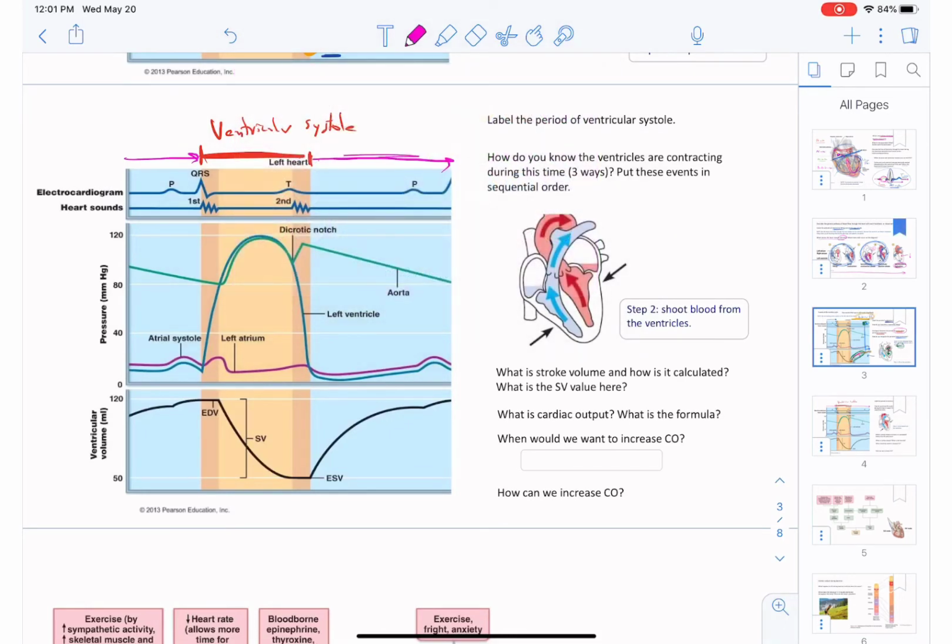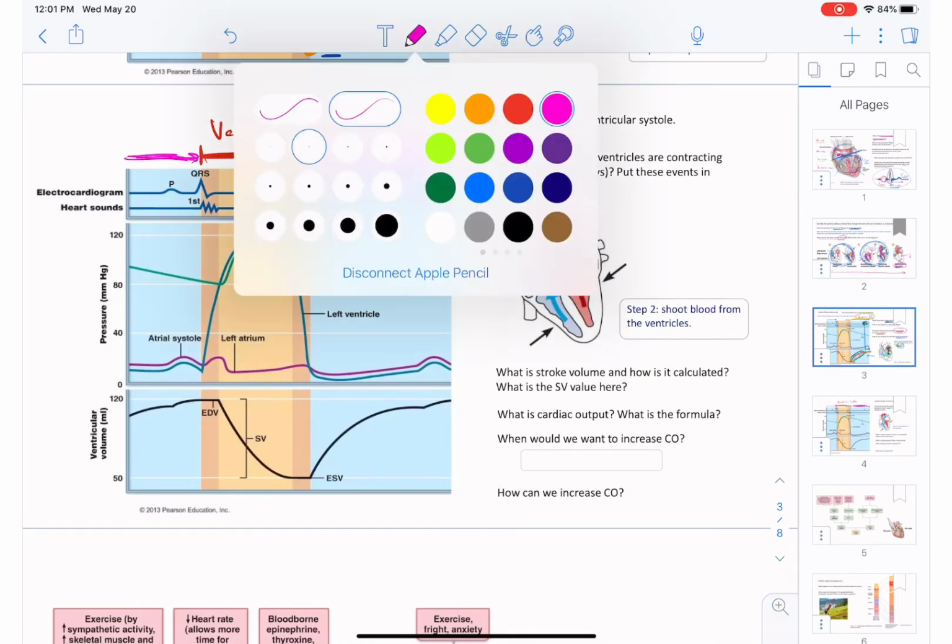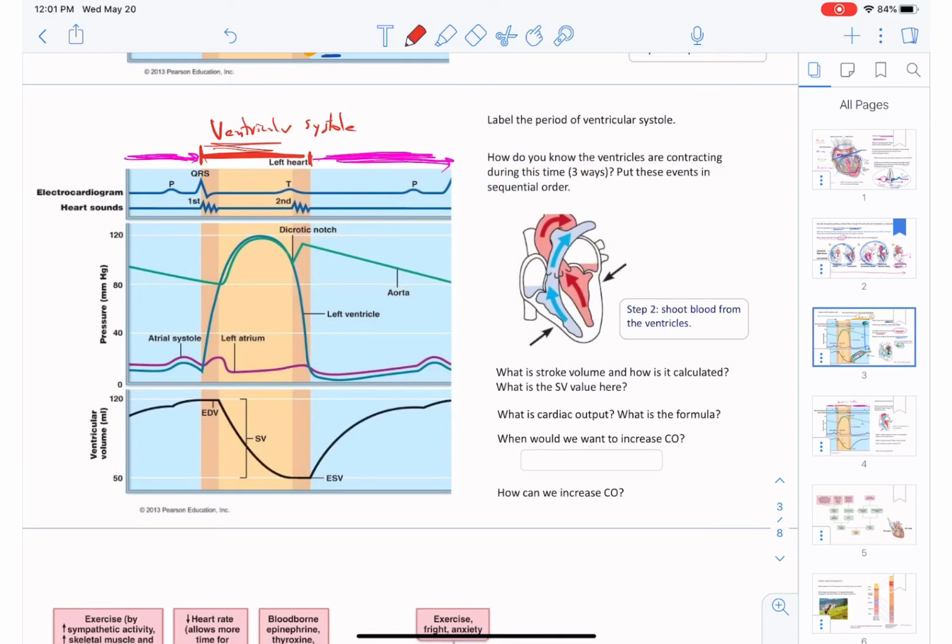The ventricles fill up with blood, and then the ventricles contract. That's one heartbeat. And then they do the whole thing over again. They fill up with blood, and then they contract.